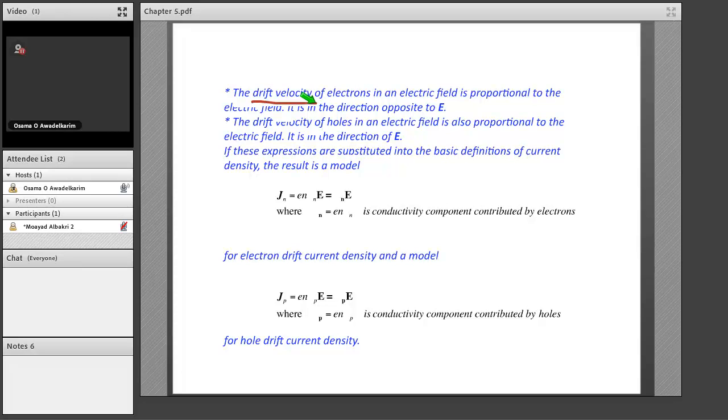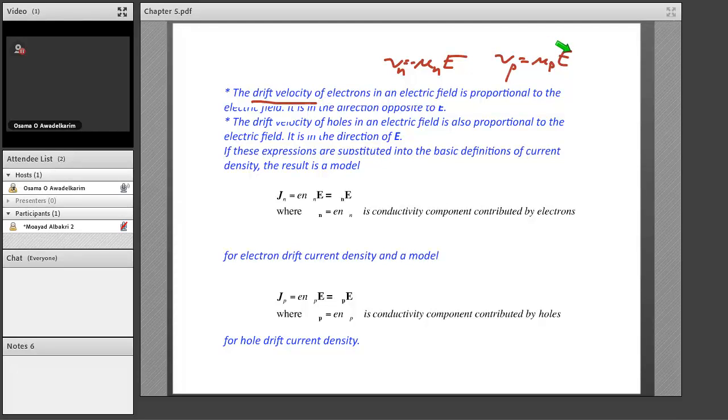So the drift velocity of electrons in an electric field can now be written as mu n times E. That is the drift velocity in an electric field for electrons, and of course we have a minus sign because it goes opposite to the electric field, and the drift velocity for holes is also mu p times E, where E is the electric field.